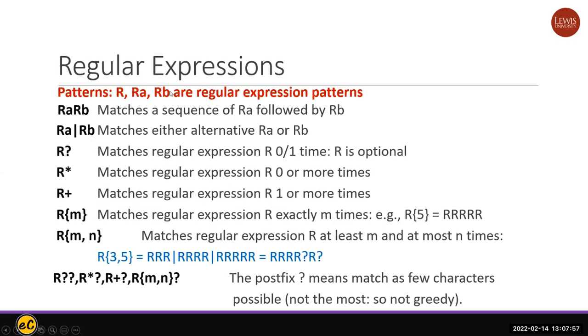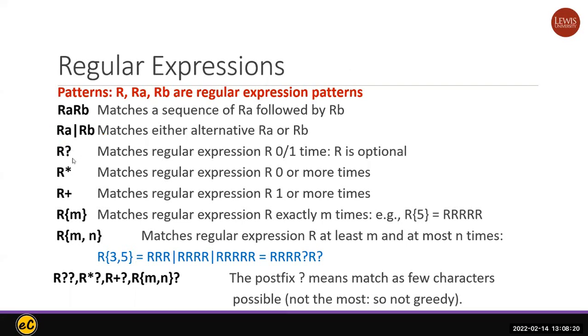So with regular expressions, you can have concatenation: regular expression A followed by regular expression B. That's called concatenation. A or B means regular expression A or B. Sometimes you have parentheses just to group them together to avoid confusion.